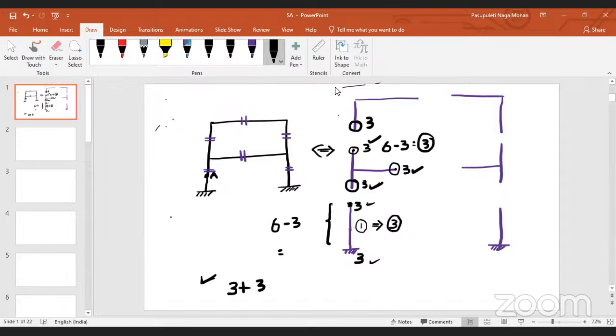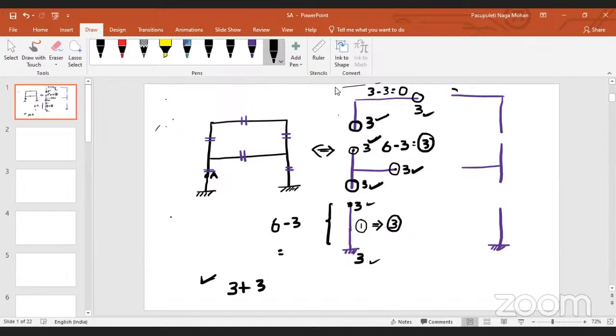If this is known, may I know this or not? Yes, sir. Now, how many equations will exist here? 3. Now, total, how many unknown forces are there here? 3. How many equilibrium equations? 3. That means for this part, no additional equations are required. That means these can also be found.